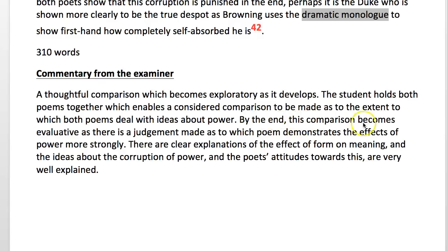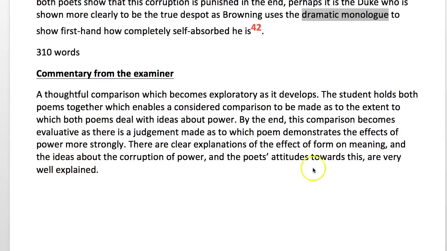By the end, this comparison becomes evaluative. So the examiner is asking you to make a judgment here, as there is a judgment made as to which poem demonstrates the effects of power more strongly. There are clear explanations, and these explanations are about the form of the poem, so don't neglect the form, and of the meaning of the language, and the ideas in the poem.